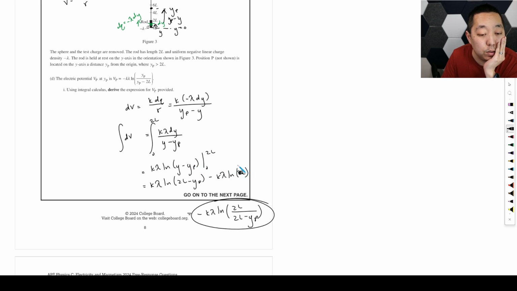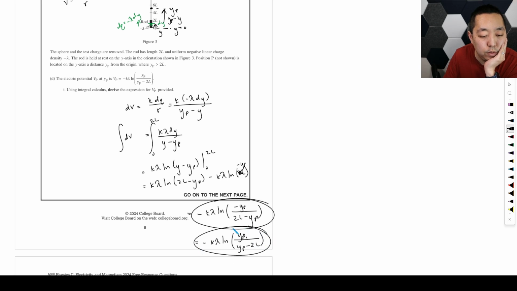This is 0 minus yp, so this is just minus yp. So this would be minus yp. But you can multiply the top and bottom by negative 1. So negative k lambda ln of yp over yp minus 2L.